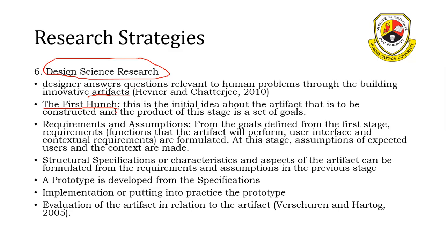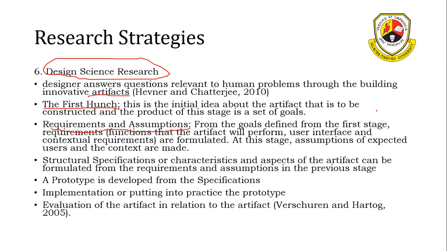And then, what have people written about IS and marketing? Then as you're reading about it, you come up with requirements and assumptions. These are the goals defined for the first stage. What will be the functions of the artifact? What will be the user interface? In what context will it exist?